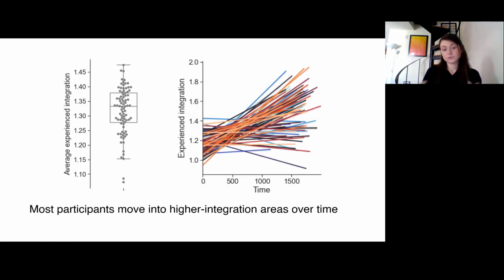And you can see that there's quite a bit of range. So some participants tend to have really high values, whereas some tend to really just stick to the periphery of the environment and don't tend to explore very fully. But overall, most participants move into higher integration values over time. So most participants do explore the environment and do discover this sort of central organization of the city.